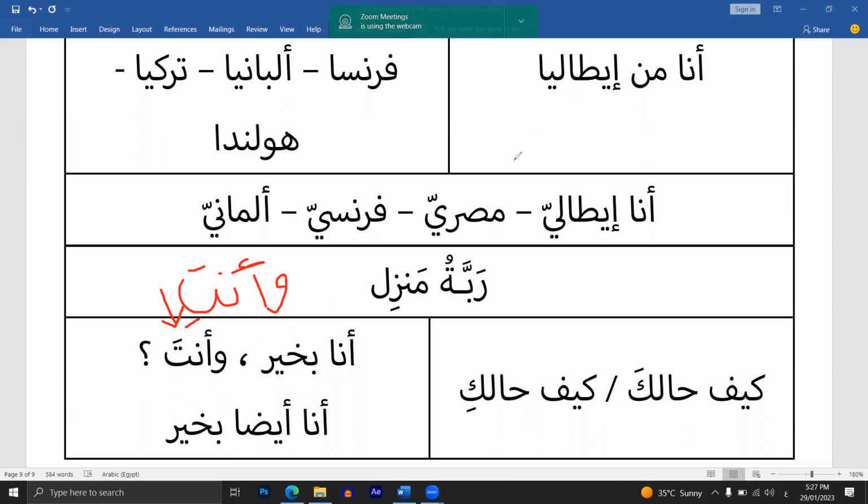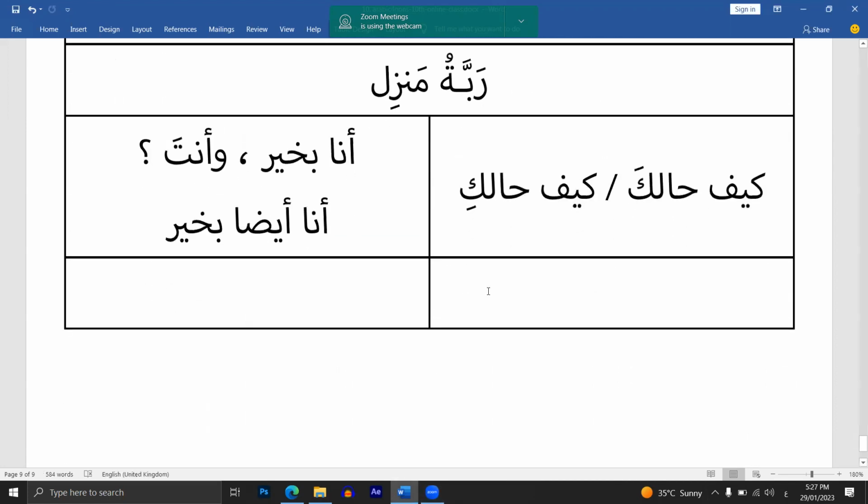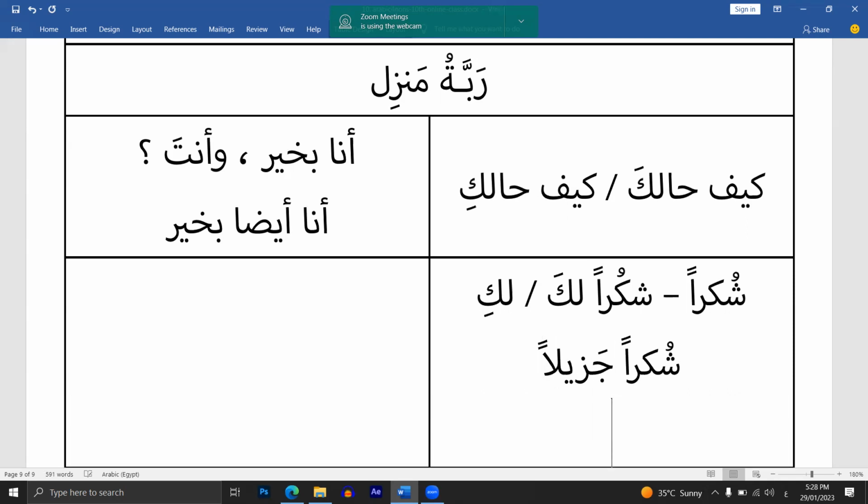Okay. Then how to say thank you and how to say I am sorry. To say thank you, شكرا. Or شكرا لك, شكرا لكما, and so on. We have also شكرا جزيلا. We can also use the verb thank.